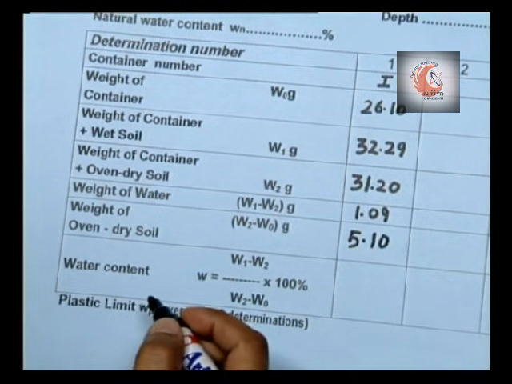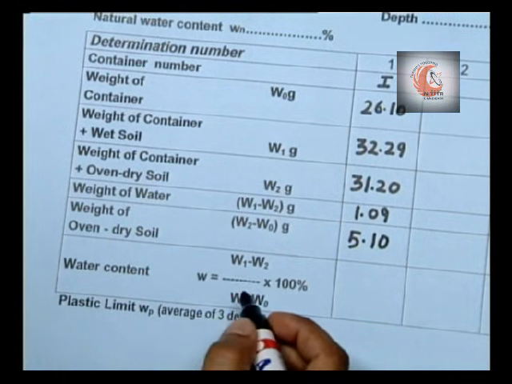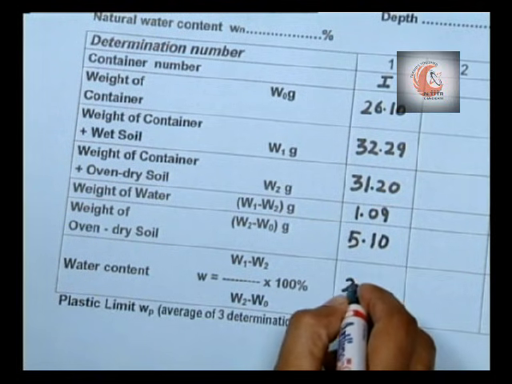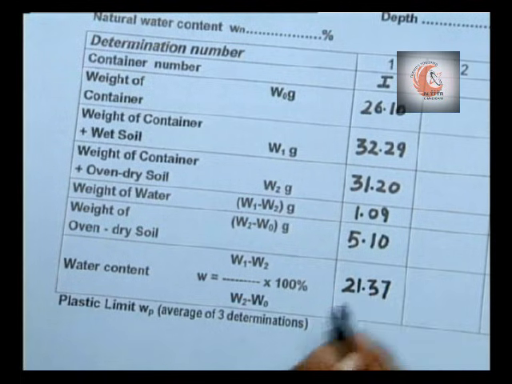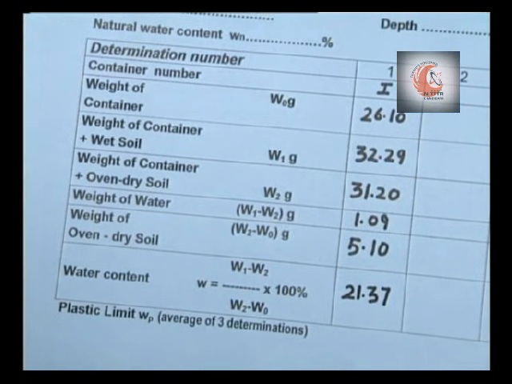Water content is equal to weight of water divided by weight of oven dry soil into 100. For this case, the water content is 21.37%.